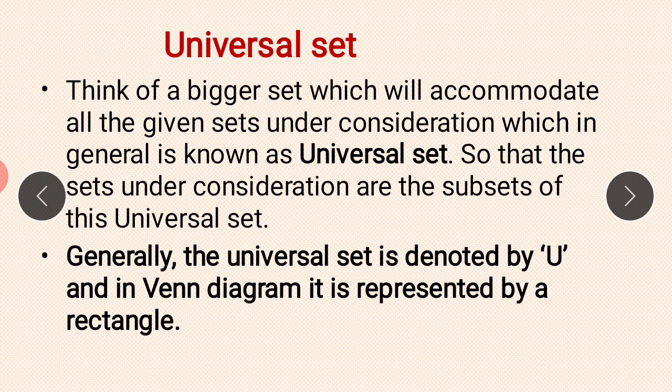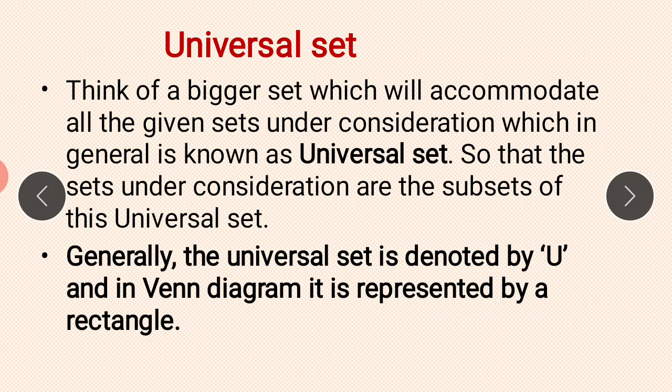Okay. Now next one is universal set. Think of a bigger set which will accommodate all the given sets under consideration, which in general is known as a universal set, so that the sets under consideration are subsets of this universal set.